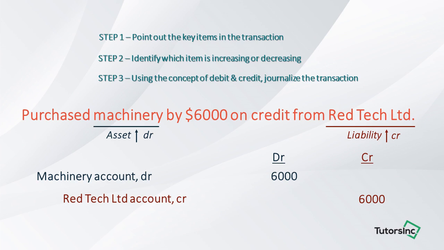In the last step, we have decided that an increase in asset will be recorded on the debit side and an increase in liability will be recorded on the credit side. Hence, to journalize this transaction, which says purchased machinery by $6,000 on credit from RedTech Limited, we have debited machinery account and credited RedTech Limited account by $6,000. And that is all about journalizing a transaction.